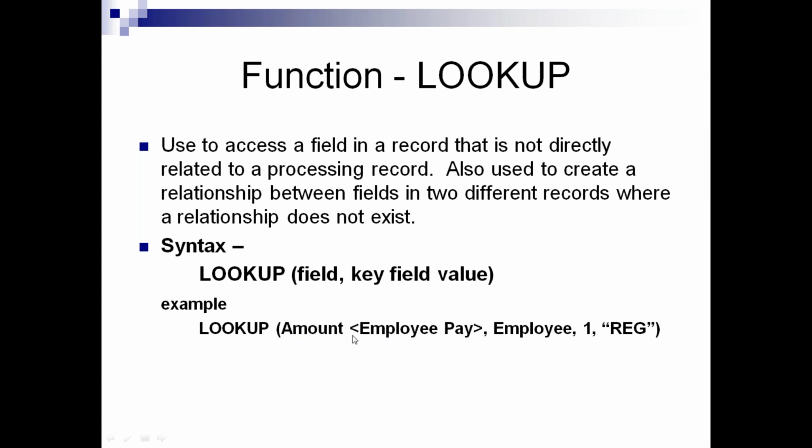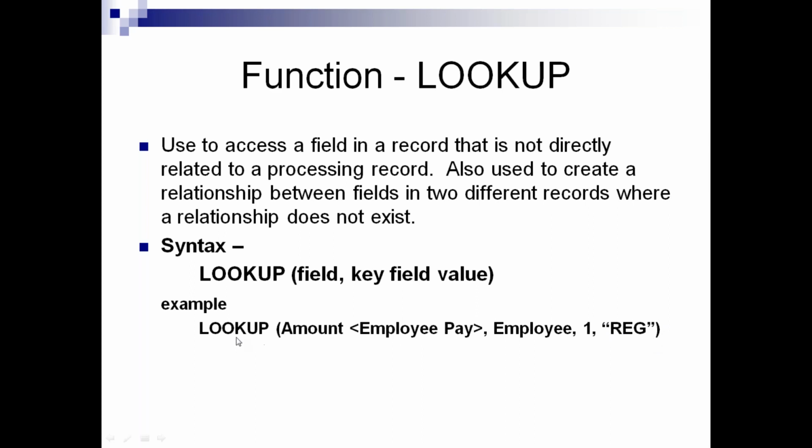This is the field that's going to give me the rate, followed by a comma, by the employee, could be the employee ID off of the employee record or the employee pay record, followed by a comma, followed by a 1. This 1 represents regular pay IDs, followed by a comma, followed by REG, which is the pay ID, inside quotes with a closing parenthesis.